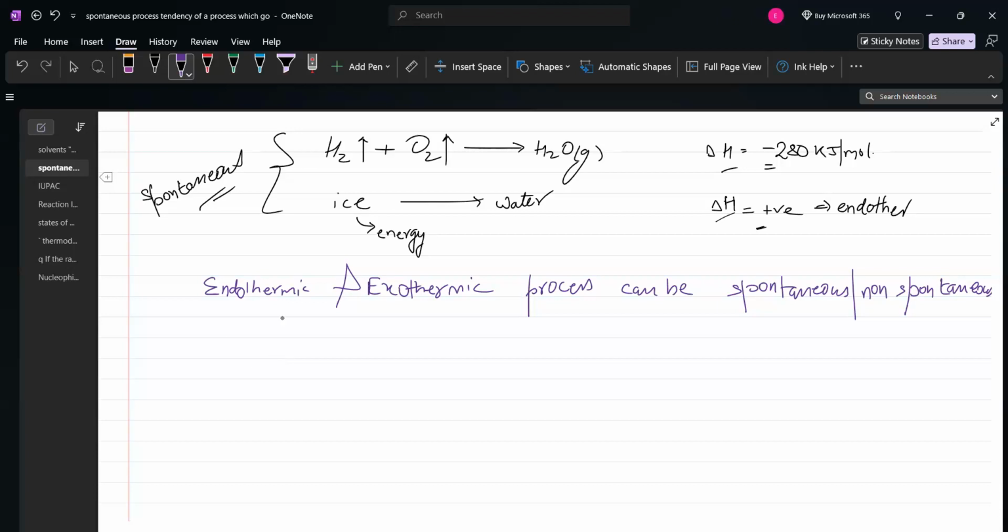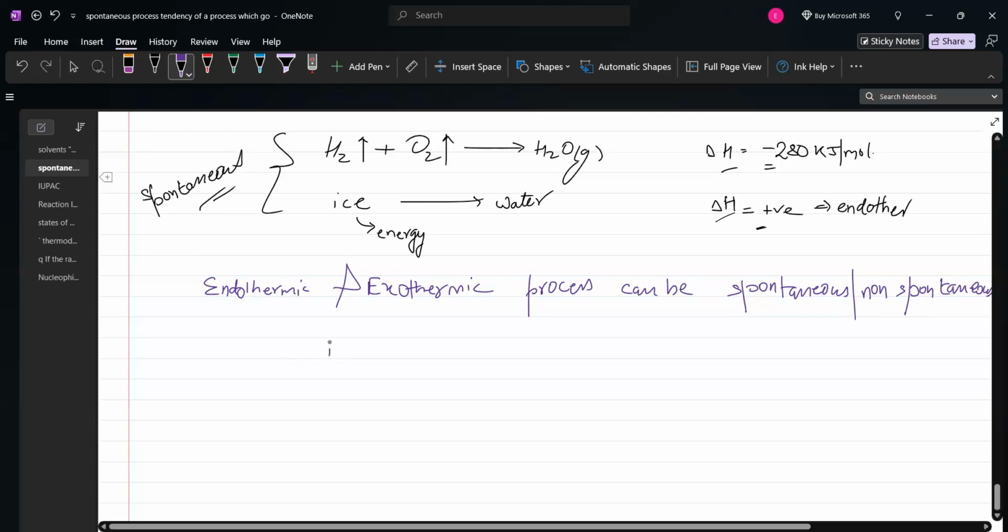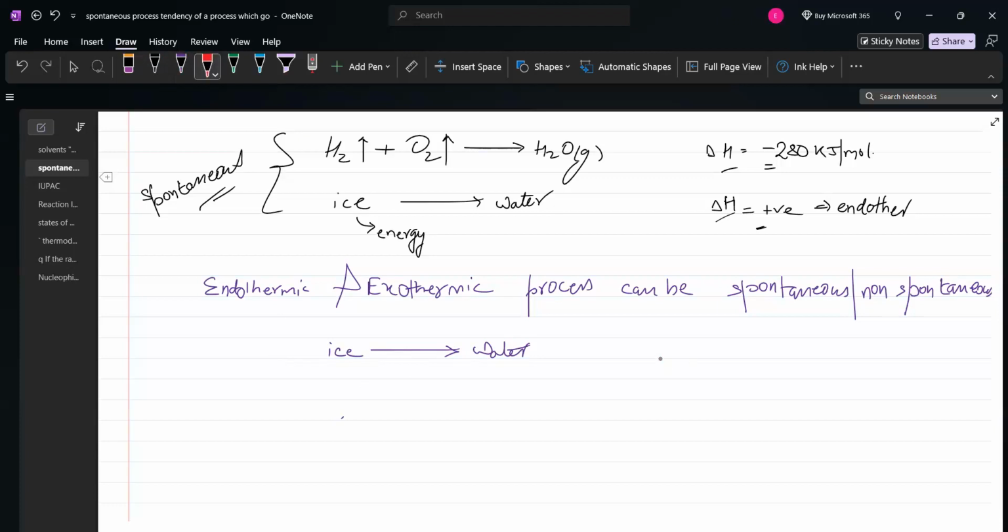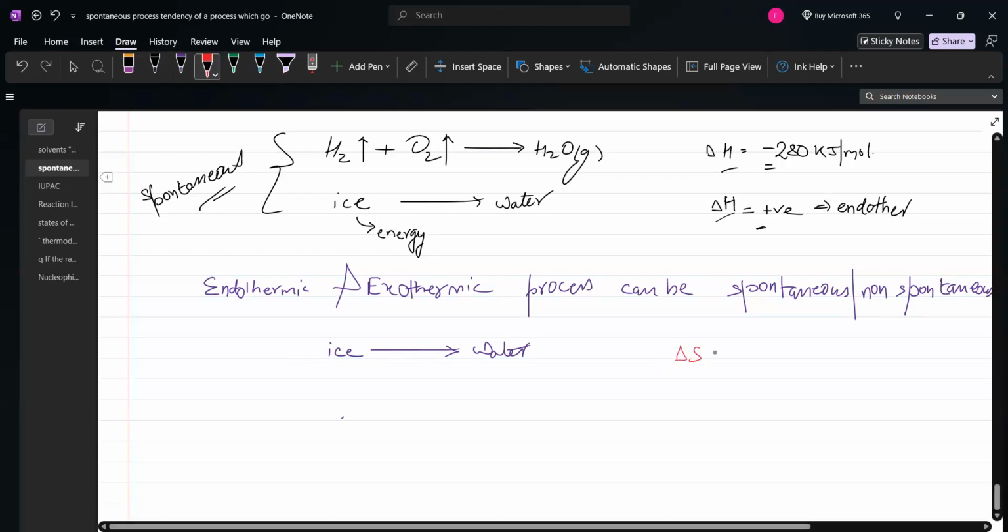So then we have understood the term entropy. Like ice, this same example. Ice is converting into water. So can you comment on it? Is delta S positive or negative?